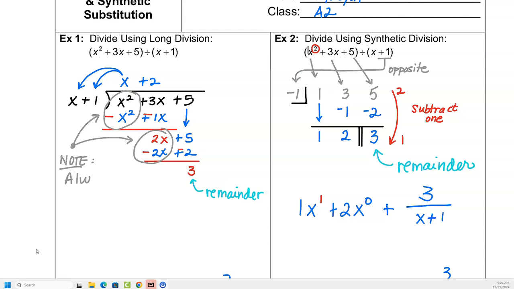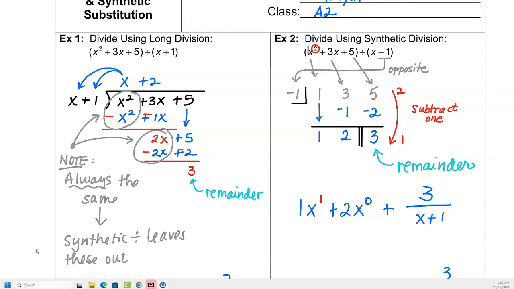So I'll write here, always. They're always the same. So if they're always the same, synthetic division is just going to be like, oh, we don't need them. Let's just leave it out. So I'll write here synthetic division leaves these out. Okay, because of this.